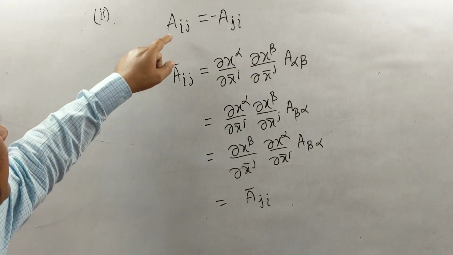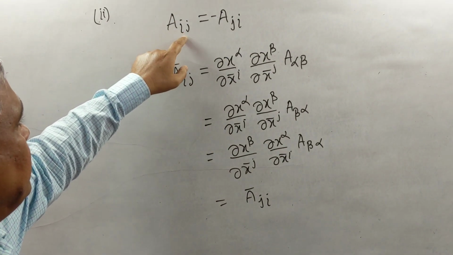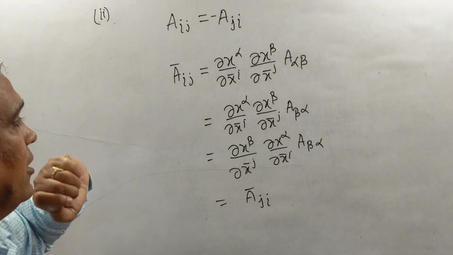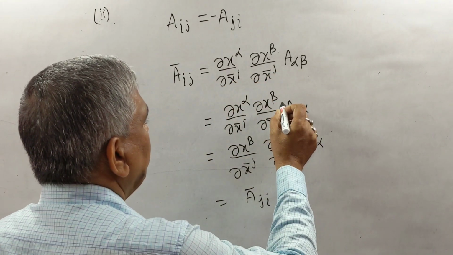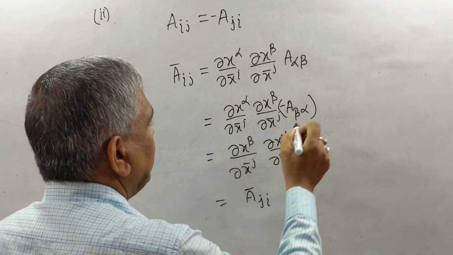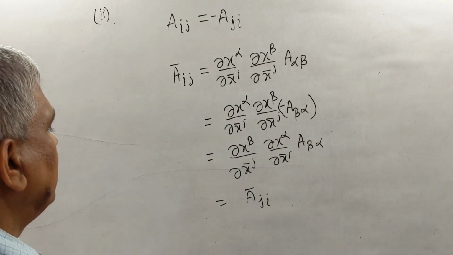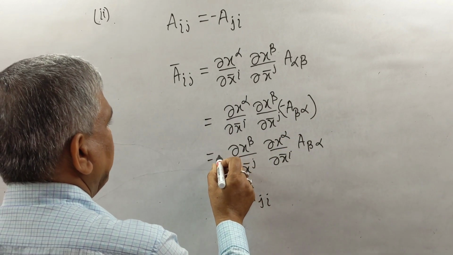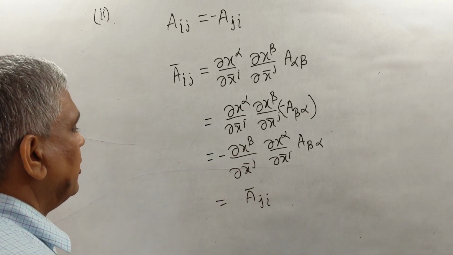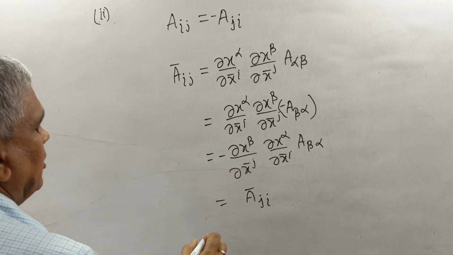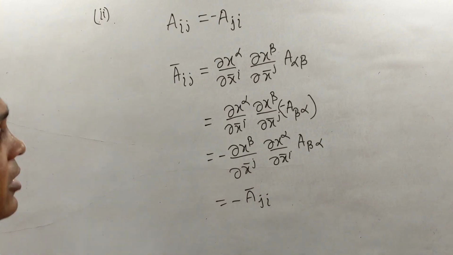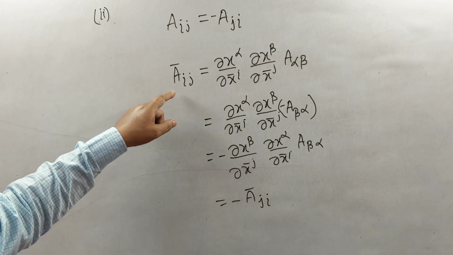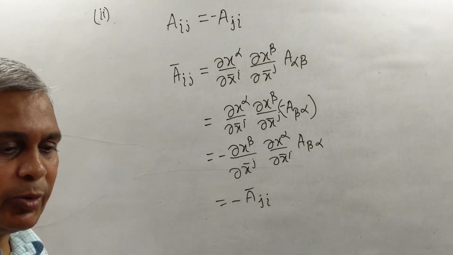As we have seen that A ij equal to minus A ji, therefore A alpha beta equal to minus A beta alpha. So we may write this equal to this. That means minus A bar ji. Hence, the tensor is skew symmetric in X bar system of coordinates.